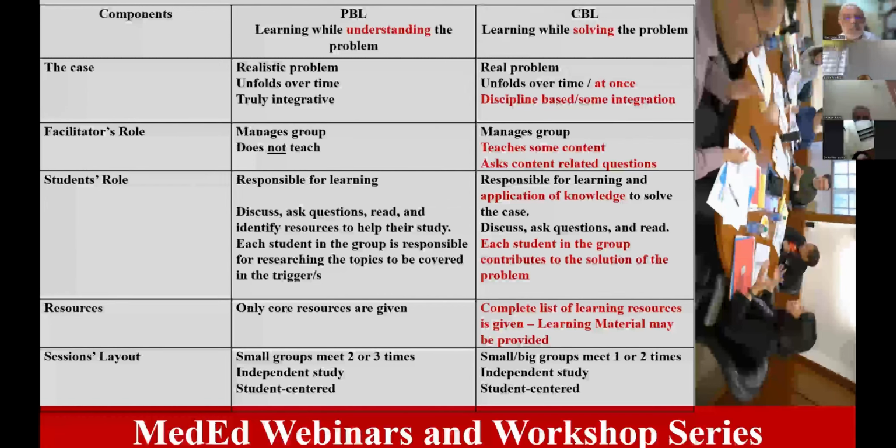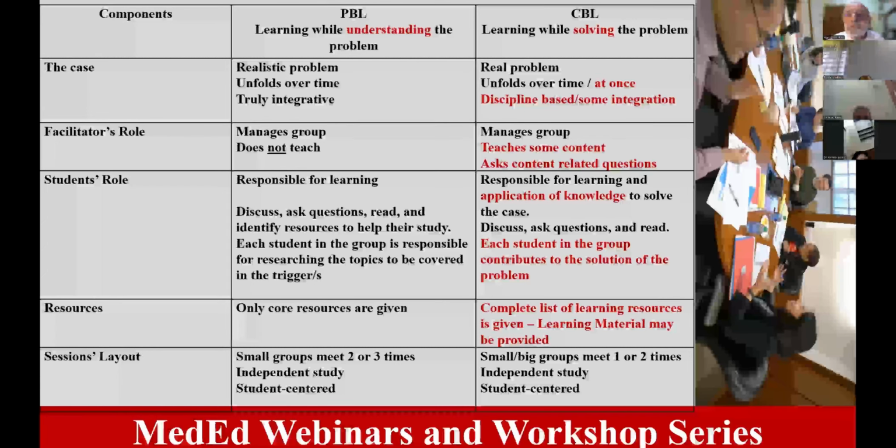So it's not necessary for students to solve that problem. In problem-based learning, the aim is not to solve the problem, but to understand the problem. And during the process, students would learn different aspects, mainly the basic sciences in relation to that problem.